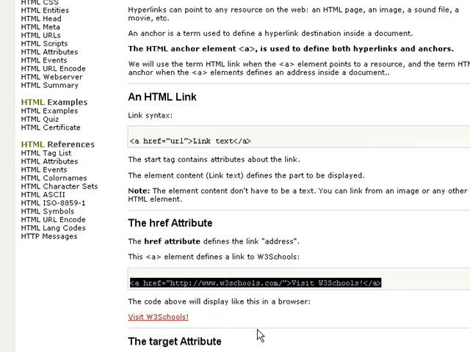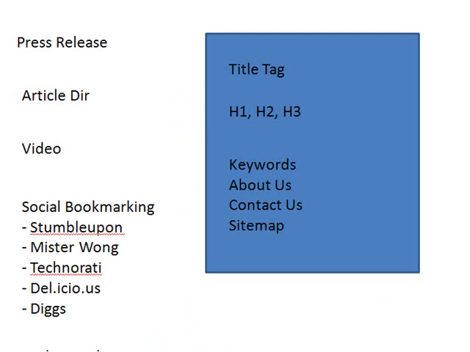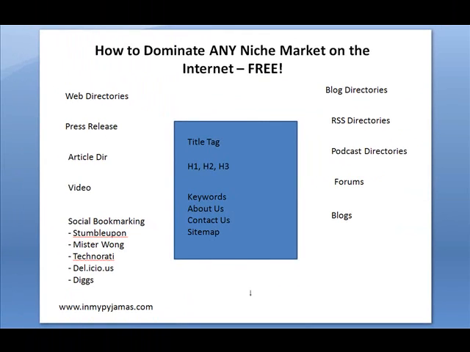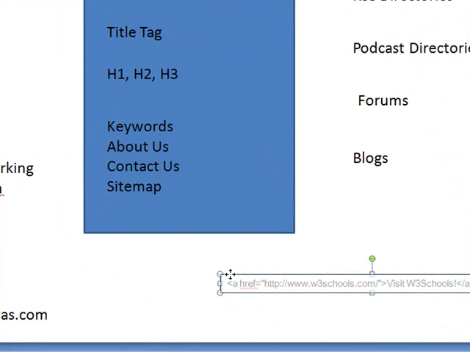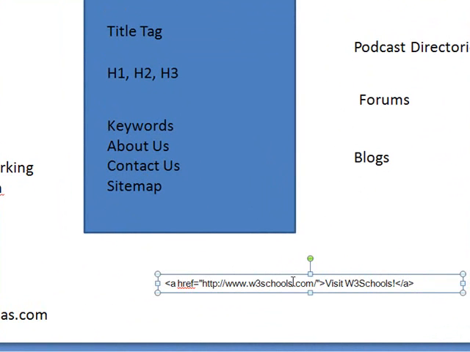So if I just copy that and I'll go back to PowerPoint and I'll show you. Oh, it's popped up there. Oh, that'll do. Squeeze that one down a bit. Slide him down here. Okay, so if this was popped on somebody's blog or in a press release that was HTML active, this would actually say visit W3 Schools.